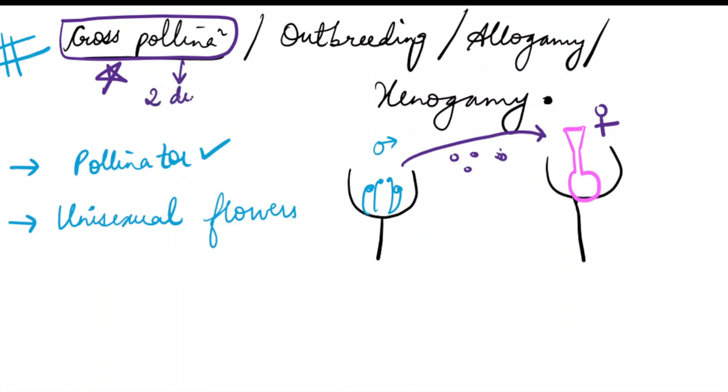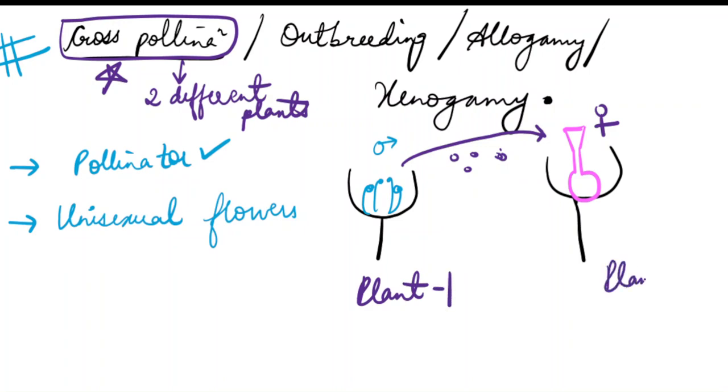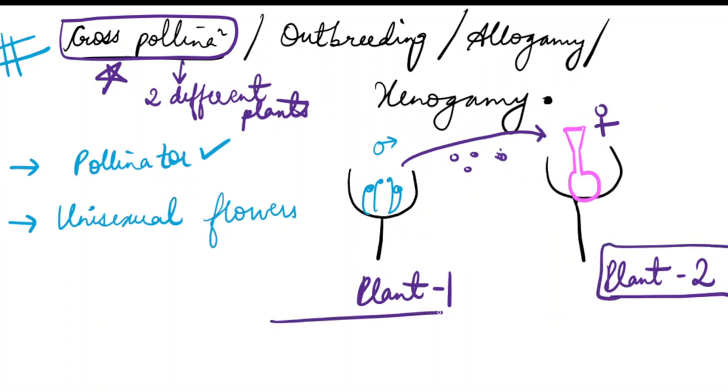So this male flower will be from plant 1, and this female flower will be from plant 2. These are unisexual flowers, which are present on two different trees. Yes, so this is the basic you should know about cross pollination.